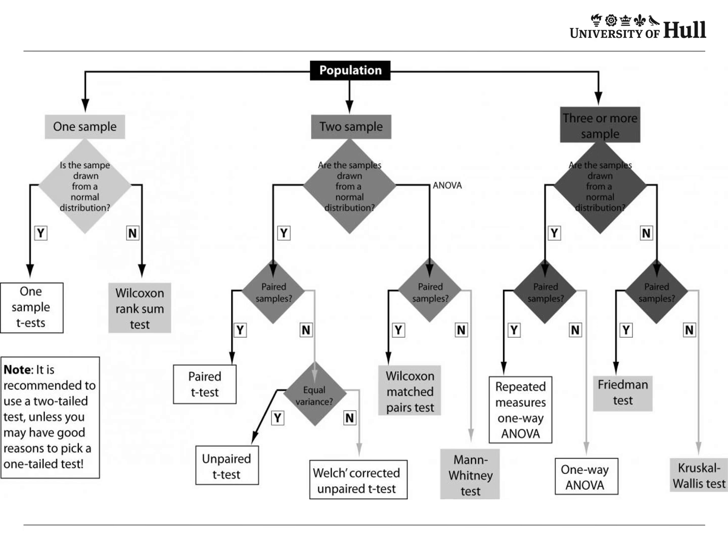So finally, looking back at this diagram that we looked at the beginning, it may begin to make a little bit more sense to you now. Not all of the tests that I've mentioned are on here, and in fact you can find better examples of this, which will include the chi-square test and so forth. This one also gives you, as you'll see, in grey, the non-parametric equivalents if you do want to use them.